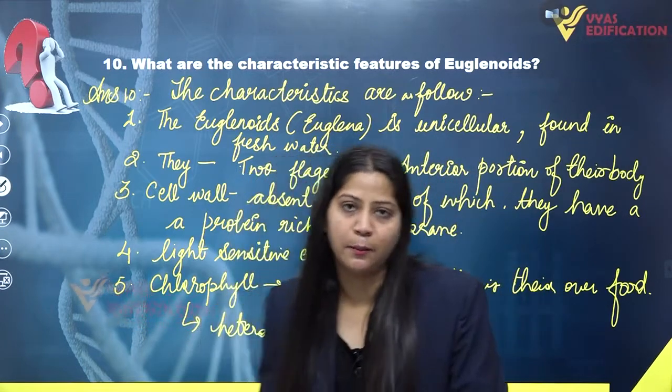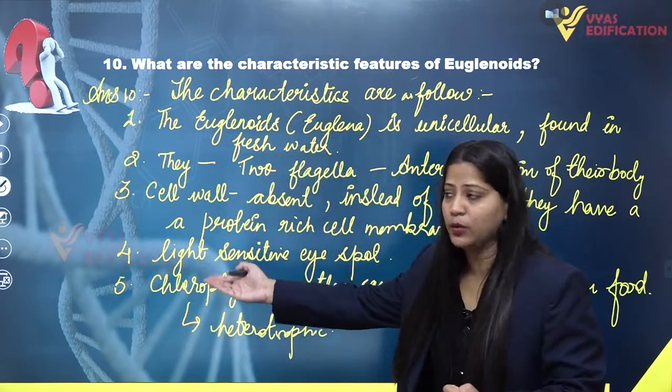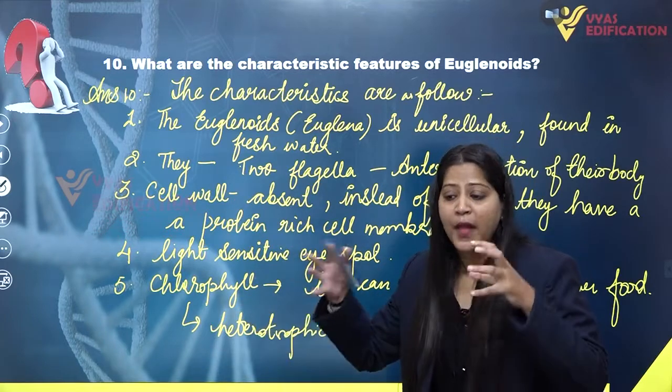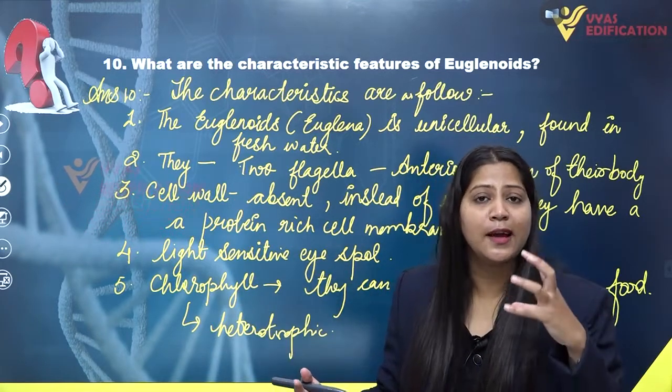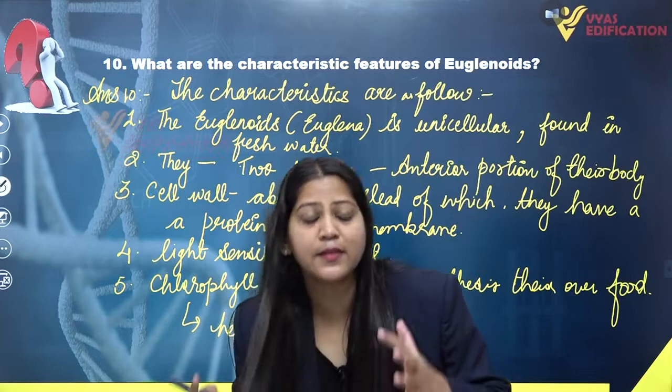From here we can conclude that because of chlorophyll we can consider them as plants. But on the other hand, they do not have a cell wall, and the main characteristic of a plant cell is the cell wall.